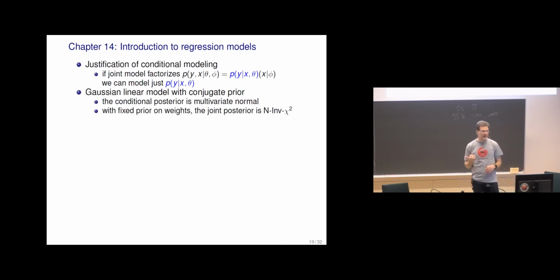The chapter has a discussion of the Gaussian linear model with conjugate prior, and then it happens that the conditional posterior is multivariate normal, and you know that from chapter 3. If we have, in addition, a fixed prior on weights but unknown noise variance, we get a joint posterior, which is normal inverse chi-squared distribution, which was also mentioned in chapter 3.